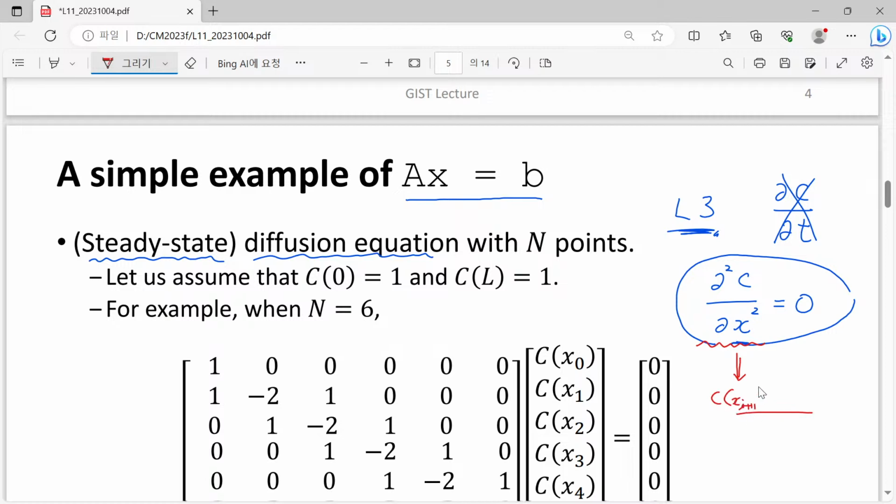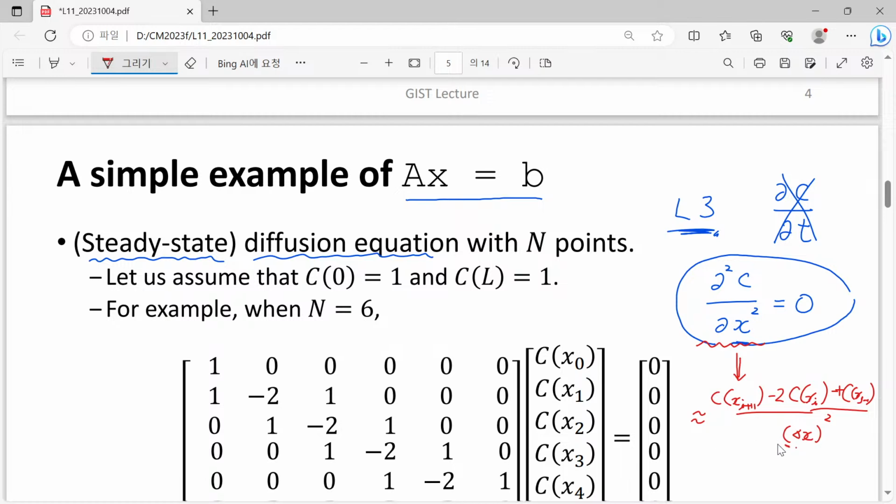We take C at x_{i+1} minus 2 C at x_i, plus C at x_{i-1}, divided by delta x squared. That was a simple approximation to discretize this second order derivative.